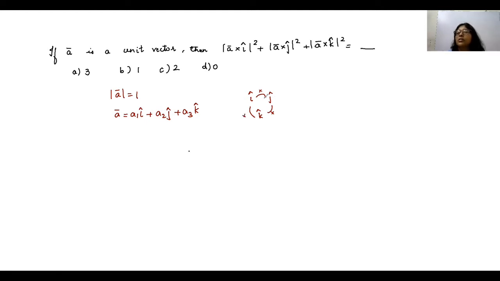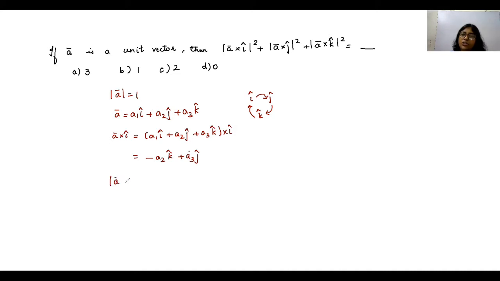And if the order is reversed, then it will become minus. I cap cross I cap is 0, so that term will not come. J cross I cap, reverse order, so minus K cap, A2 K cap, K cross I cap, J cap. The order is same, so J cap.